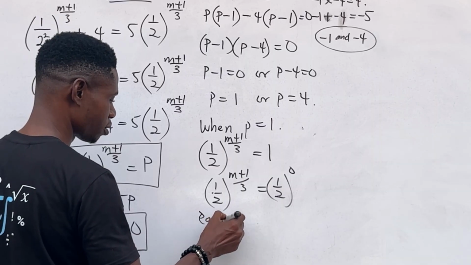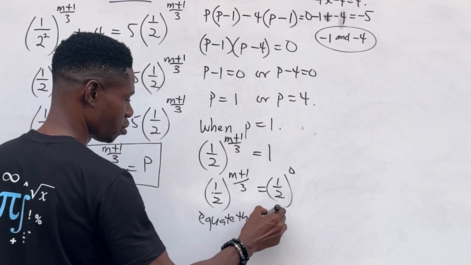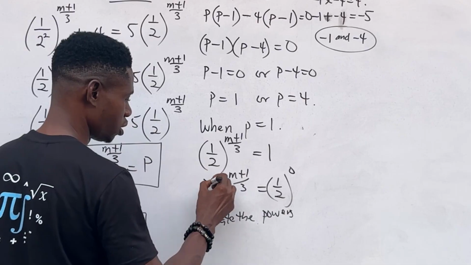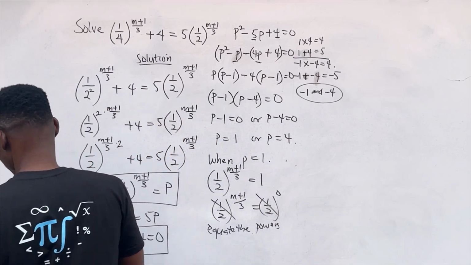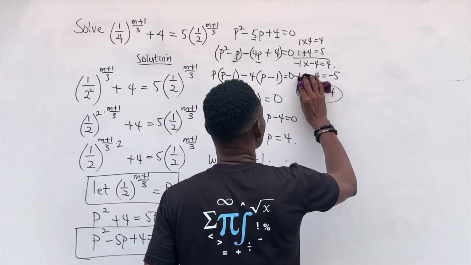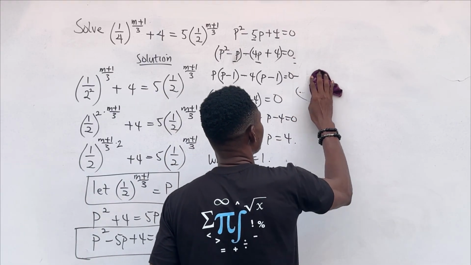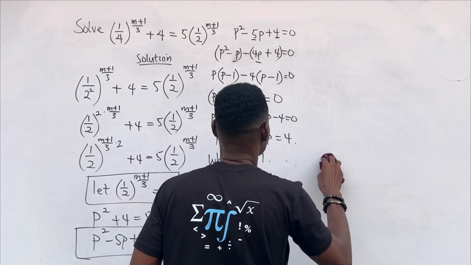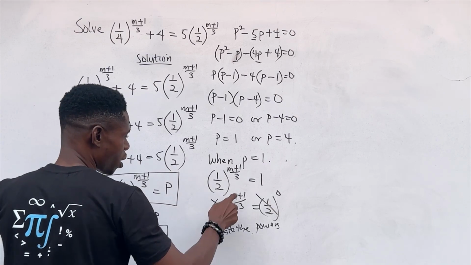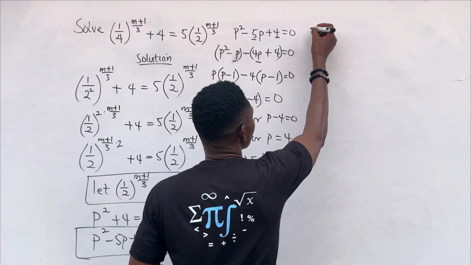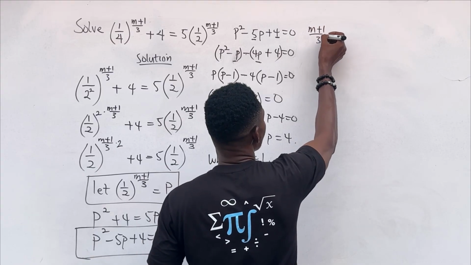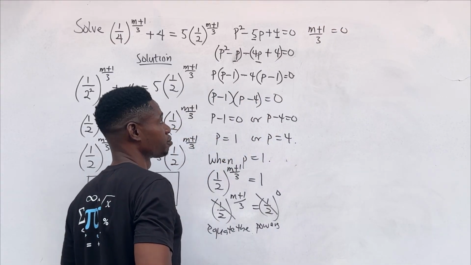So equate the powers. So our powers now, m plus 1 over 3 is equal to 0. So m plus 1 over 3 equal to 0.